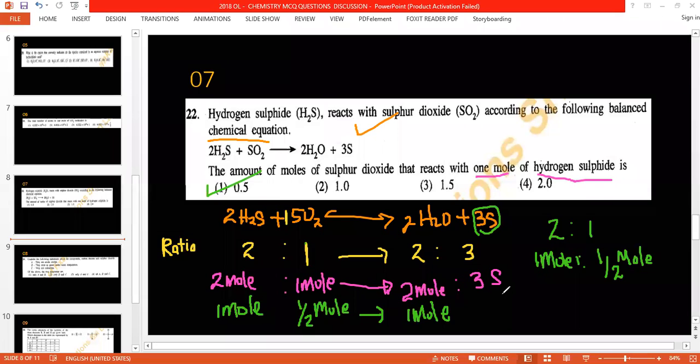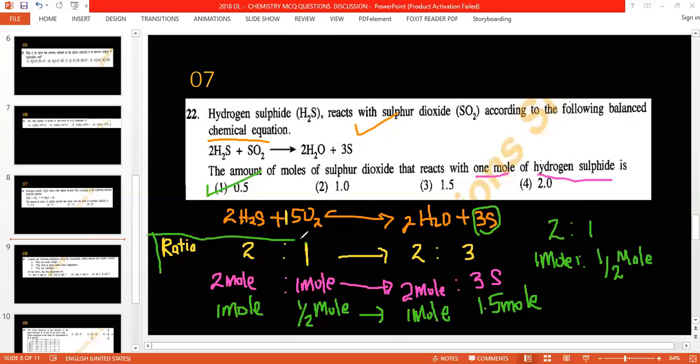And also, if they ask how many moles of sulfur are produced? If it's a 2, it's 3. If it's a 1, then it would be 1.5. This is how you do this calculation using, what's that?